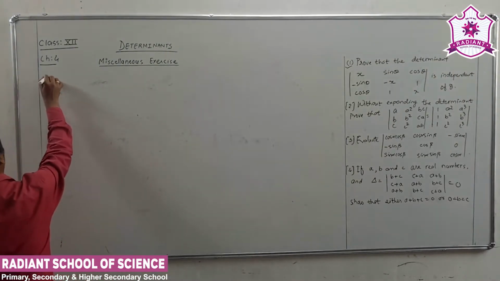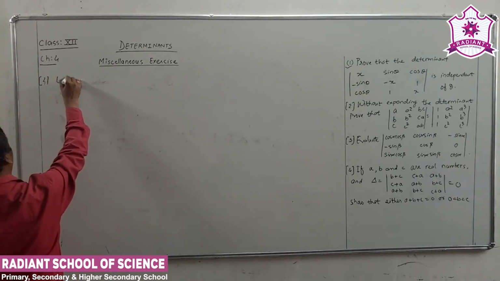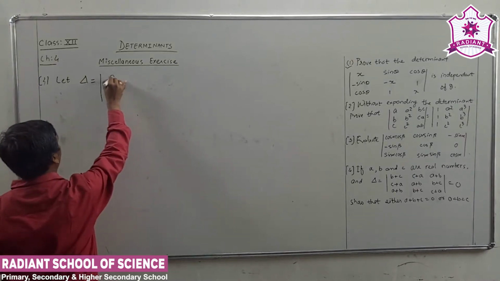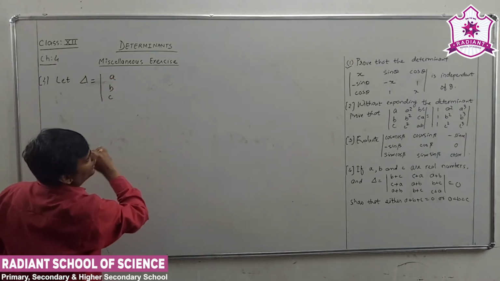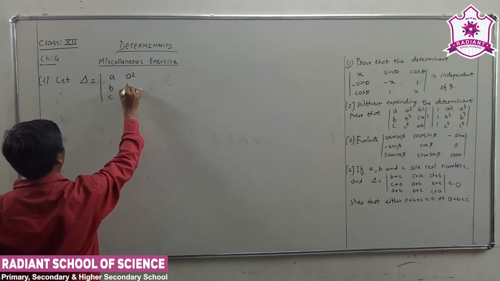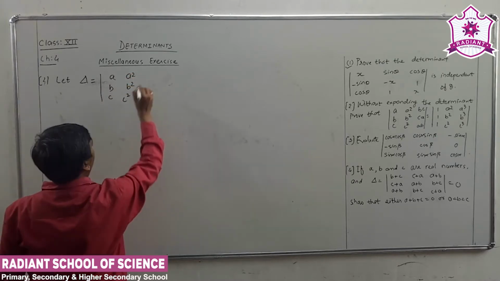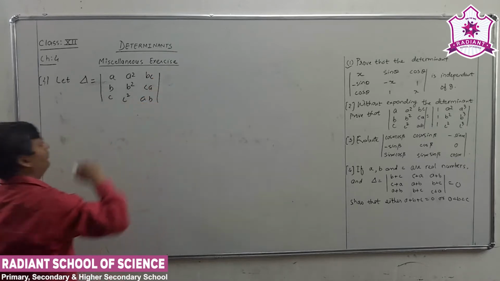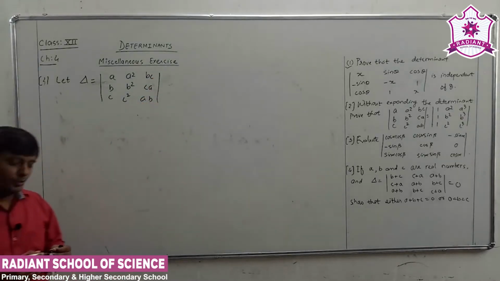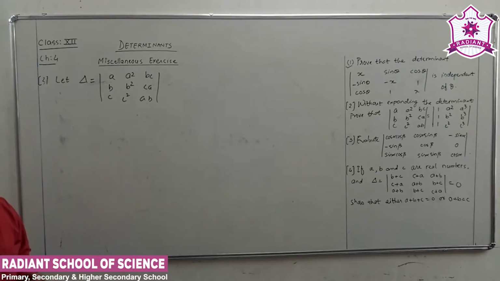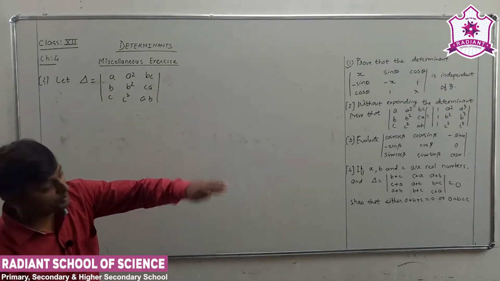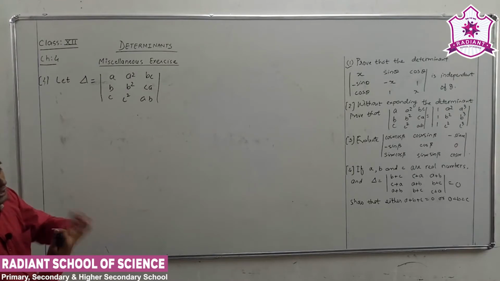Question 2, without expanding. Let our determinant delta be given as a, b, c; a square, b square, c square; bc, ca and ab. Let us prove this is equal to 1, 1, 1; a square, b square, c square; a cube, b cube, c cube. We need cubes, right?